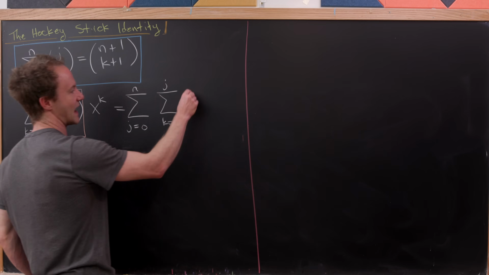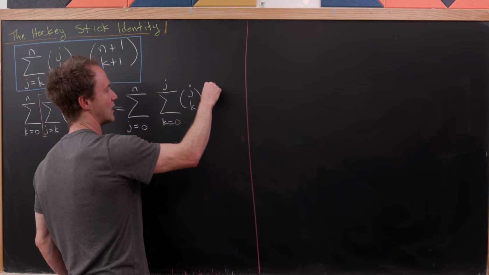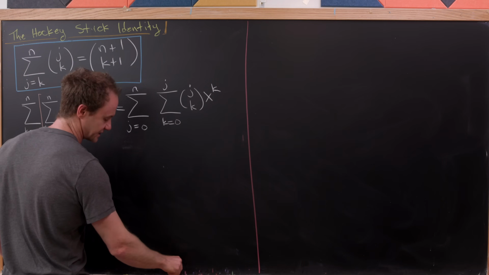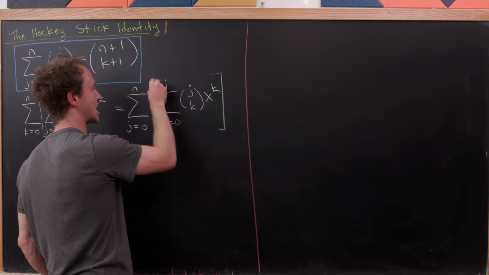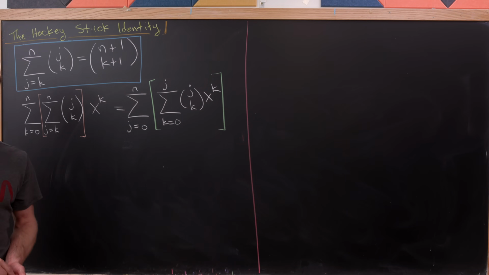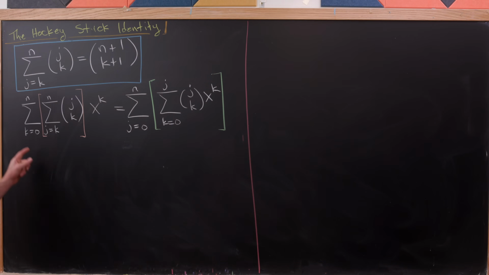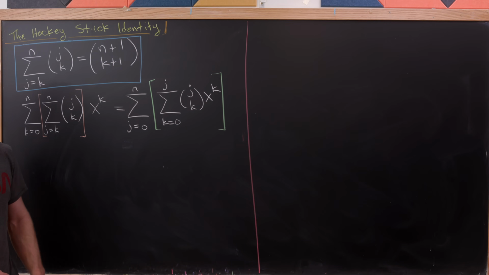And then we're going to have the same argument here. So that's going to be j choose k, and then we'll have x to the k. But now let's put some green parentheses right here and observe that since our x is raised to the kth power, now that's part of the inside sum, whereas over here it was not part of the inside sum. Great.